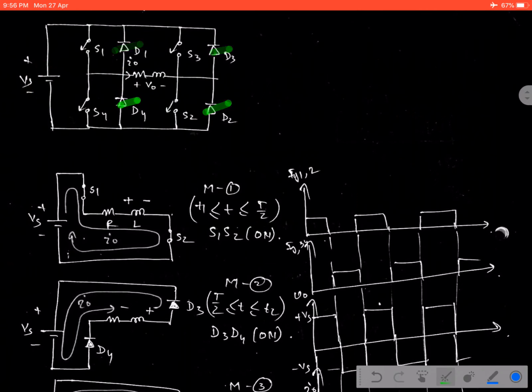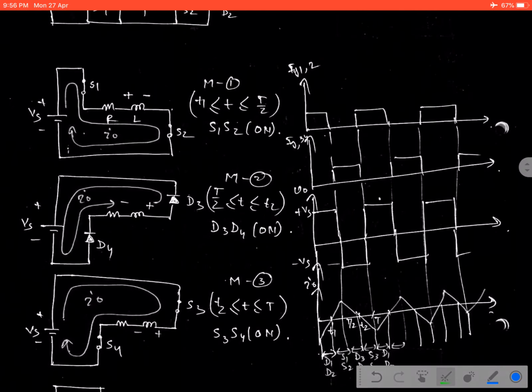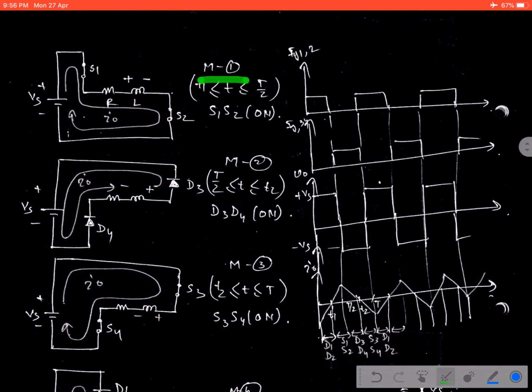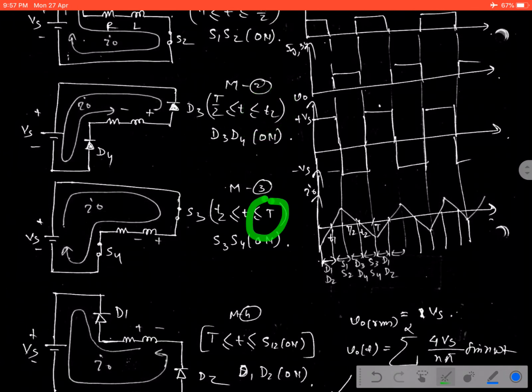In this way we can consider the other mode operations, which are reflected in these diagrams. That is for mode 1, mode 2 and mode 3 operation, and the durations are given: T1 to T2, then T by 2, and the next mode starts from T2. Again the next mode starts from T2 to T, capital T, and next the triggering pulse is given to S1 and S2.